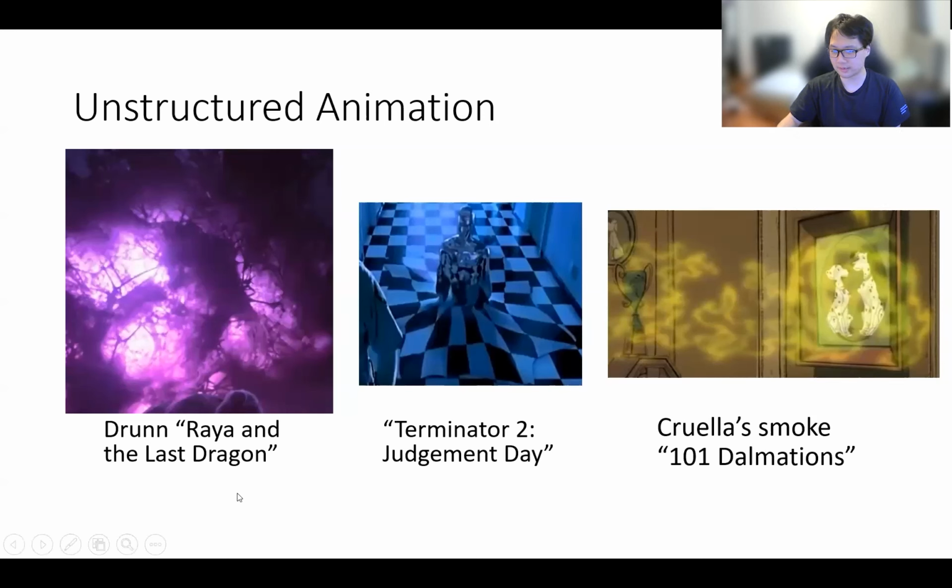So the things these examples have in common is there's no articulation, and they have to be artist directable, meaning they hit the specified keyframes. In my opinion, this kind of animation sits somewhere between visual effects and character performance. So I'm going to call it unstructured animation. And this project really aims to make it easier to create this type of animation.